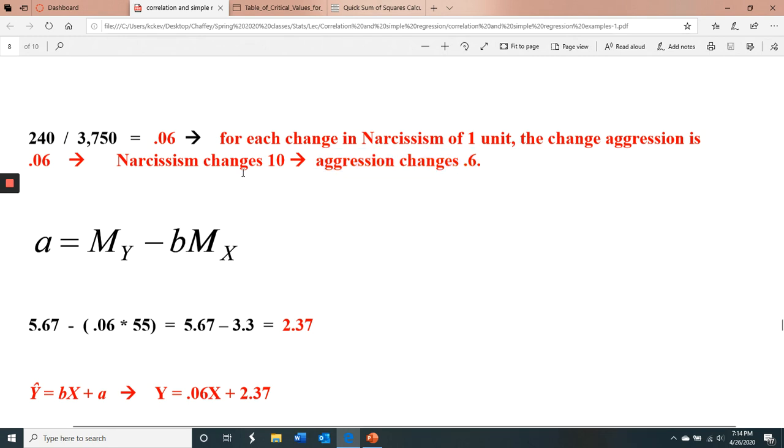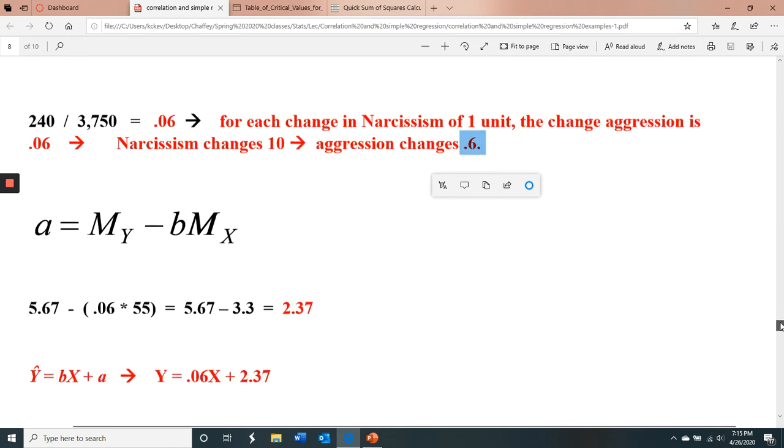So let's say that the person who has 80 on narcissism has an aggression score of 10. Let's make it easy. Then we have somebody who gets a score of 90 on narcissism. So they're 10 points higher. Well, that slope would predict that as you move up 10 points from 80 to 90 on narcissism, your aggression should go from 10 to 10.6. So that's what the slope is.